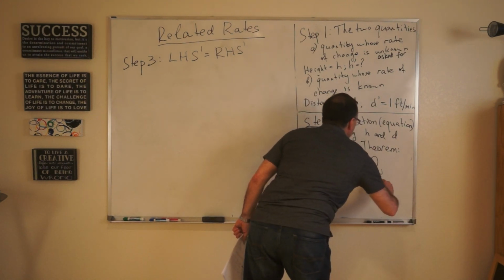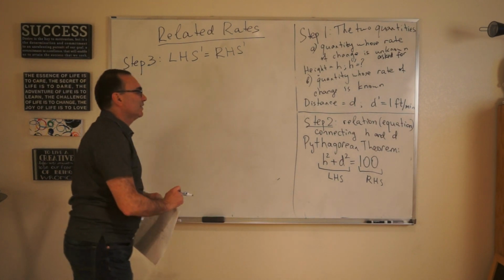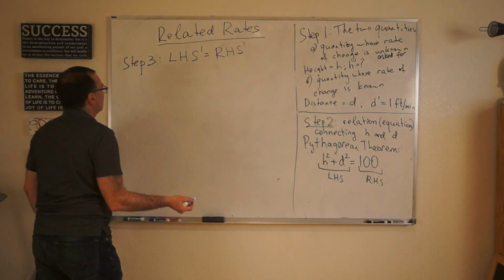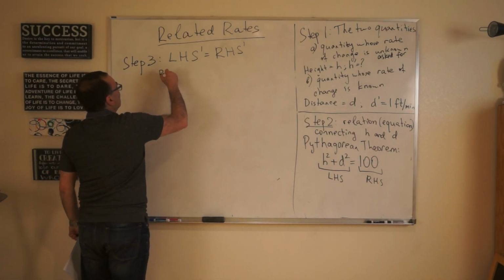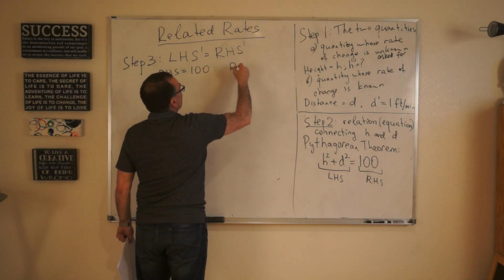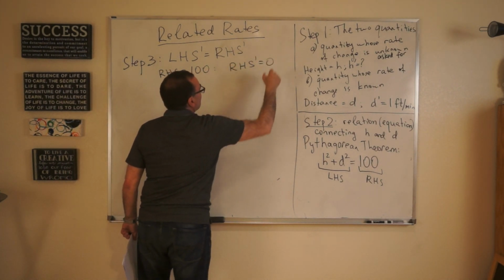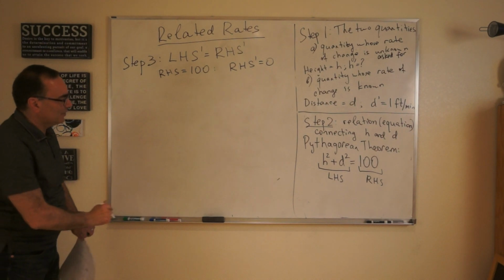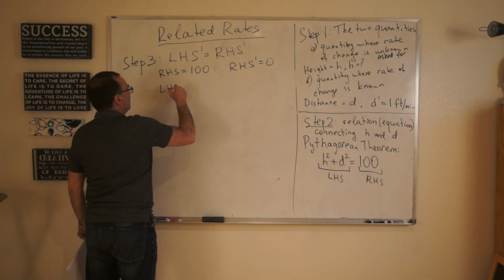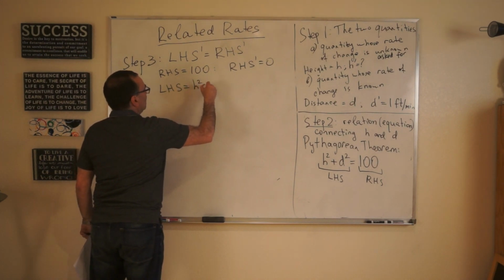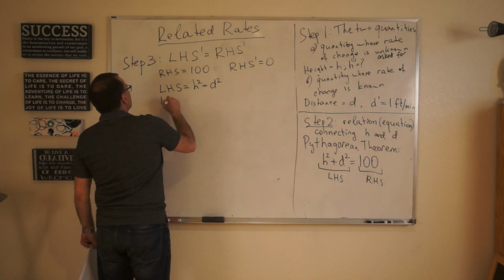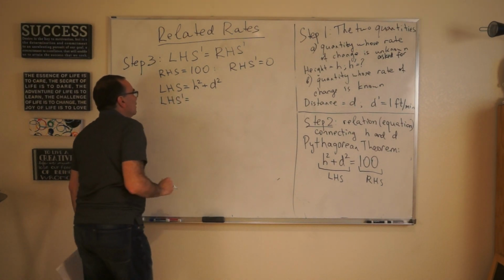The right hand side is a constant number, the length of the ladder squared, and that is just 100, so the derivative of that is 0. Left hand side is more tricky, it's h squared plus d squared. So the left hand side derivative becomes what?